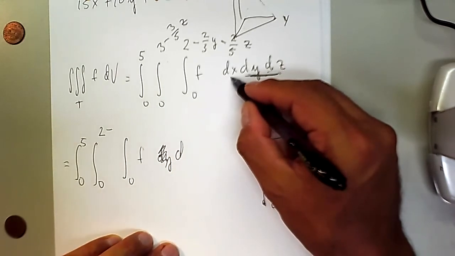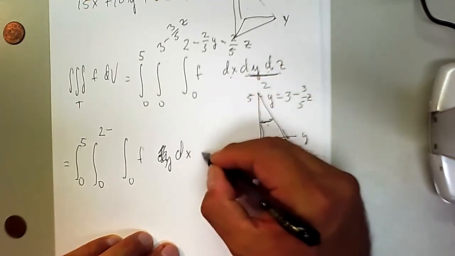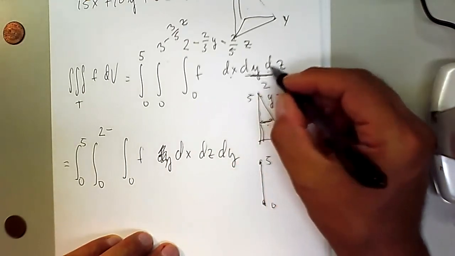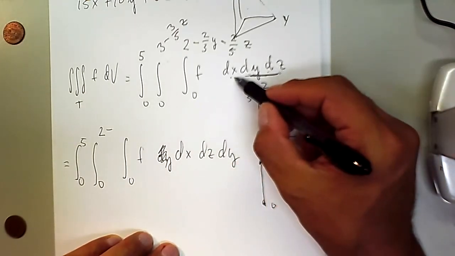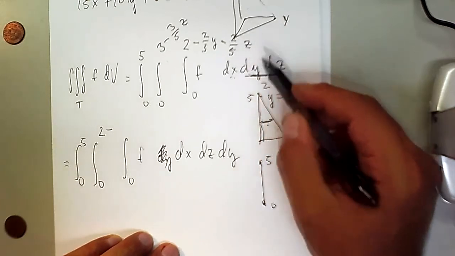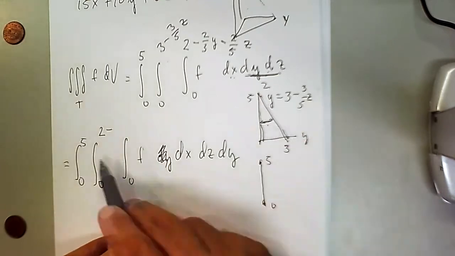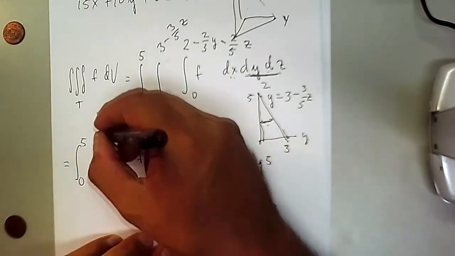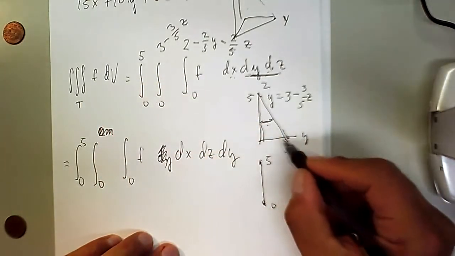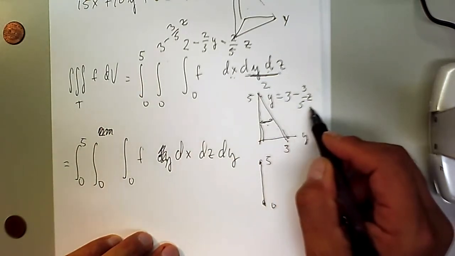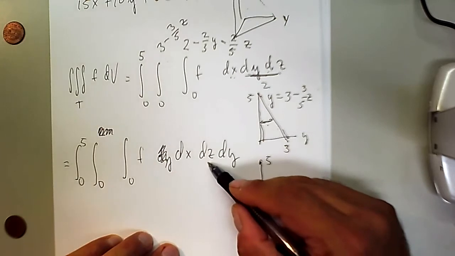Keep the dx as is: dx, dz, dy. We want to invert those two because once we knock down the x-axis, we're still going to end up with this. That makes more sense, because I was actually following the x, but I'm sorry about that. So we solve this equation for z.